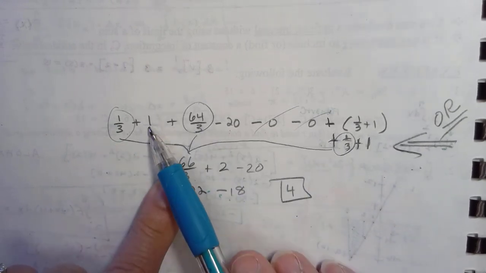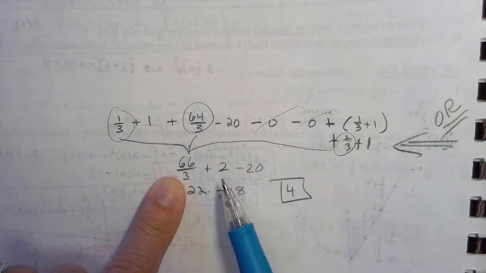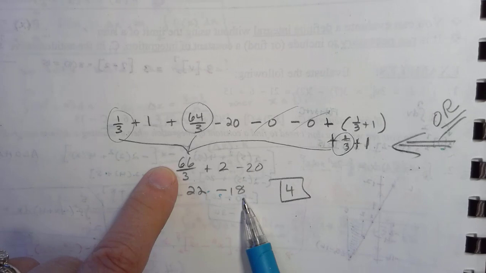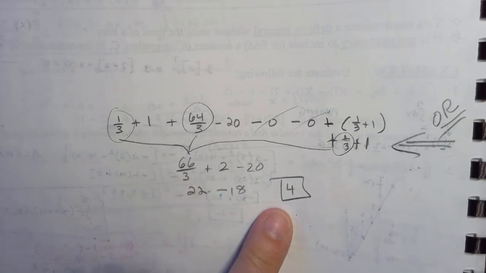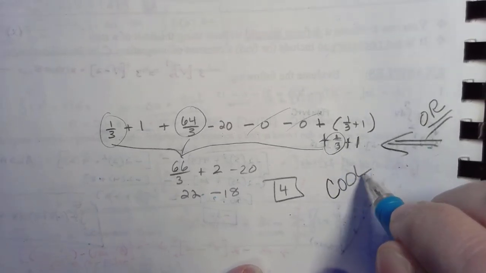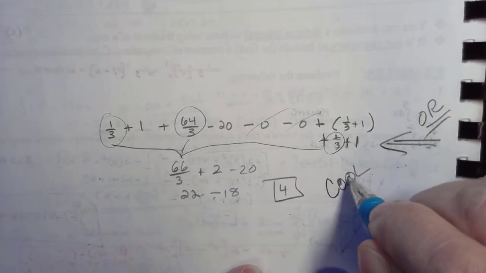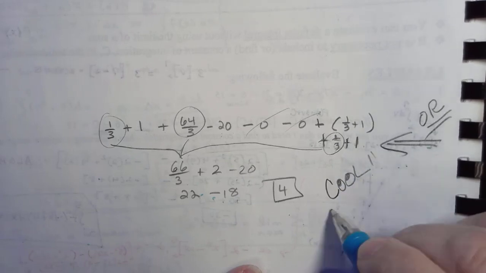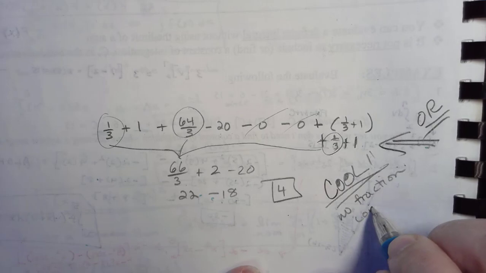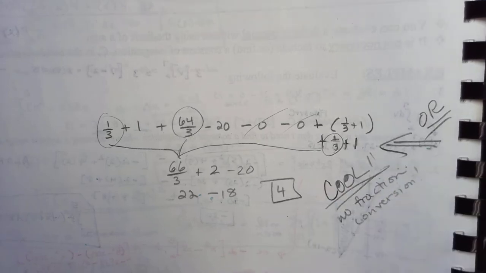Cool. 1 minus 20 plus 1 is 2 minus 20. That is minus 18. 66/3 is 22. That gives me 4. Look at that. I never had to do any fraction conversions at all. I would say this is really cool. And what was really cool? No fraction conversion. So that is cool, too cool for school.